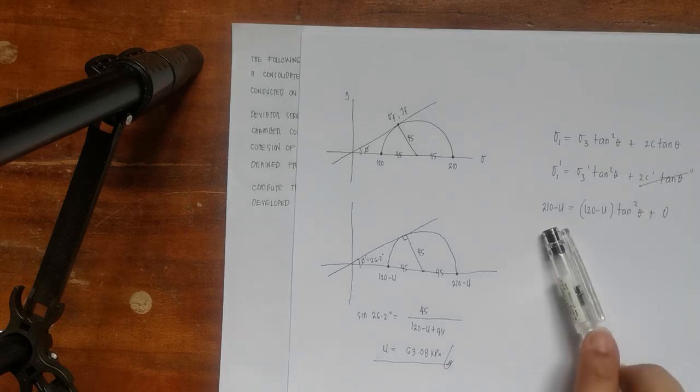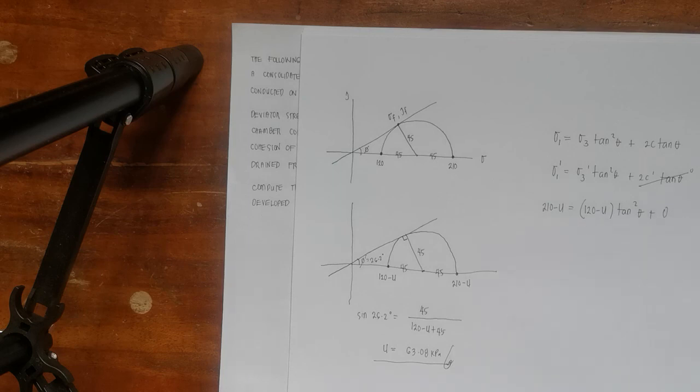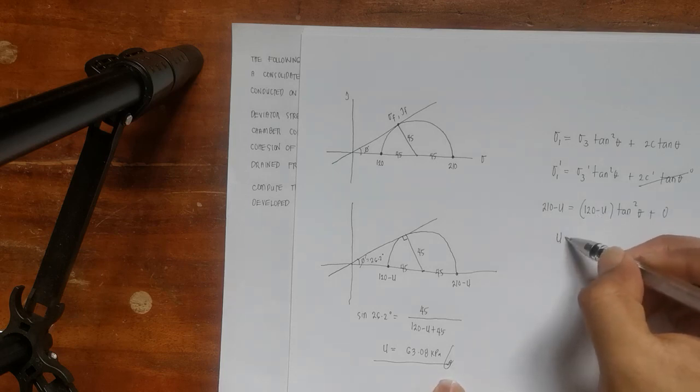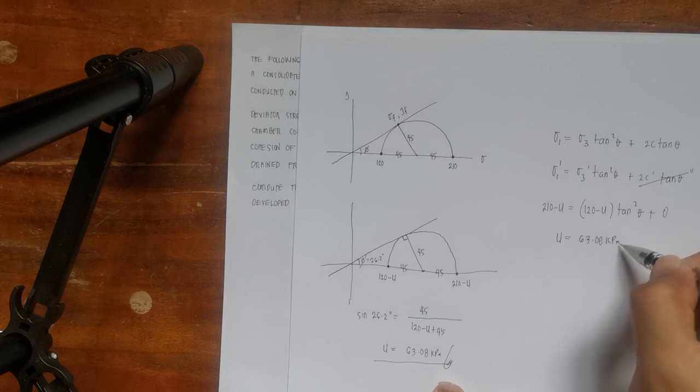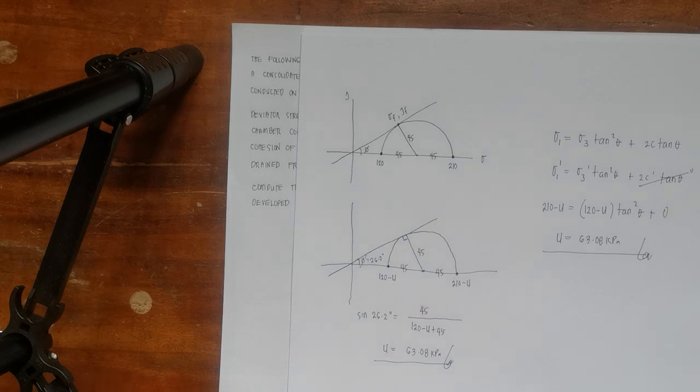Kung mapapansin nyo mismo, isa lang naman yung unknown dyan. You can use your calculator and you can also get a value of U which is equivalent to 63.08 kilopascal. And that will be the requirements for this given problem.